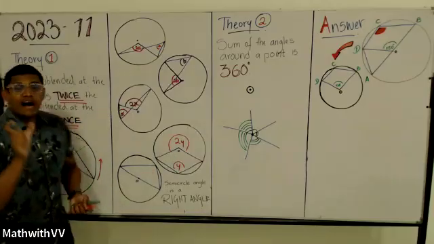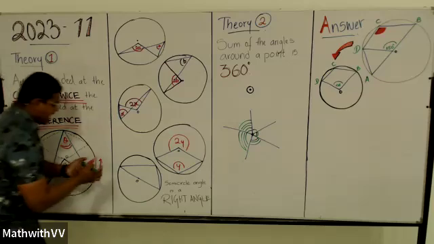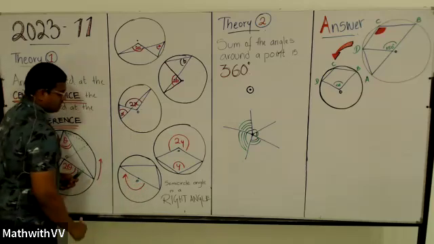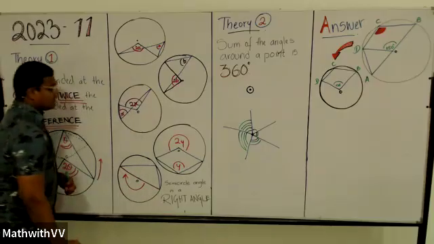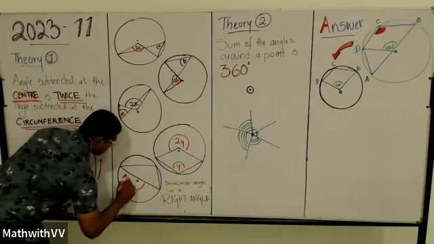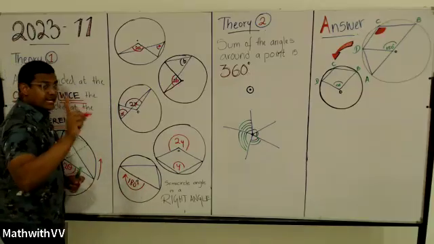Similarly, what does the theory say to me? Angle subtended at the center. What is the angle here? Angle at the center is here. When this line is the diameter in a straight line, the angle is how much? 180 degrees in a straight line.